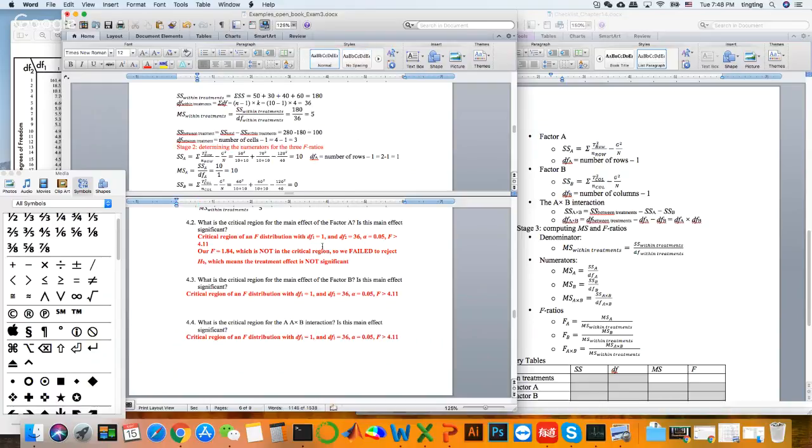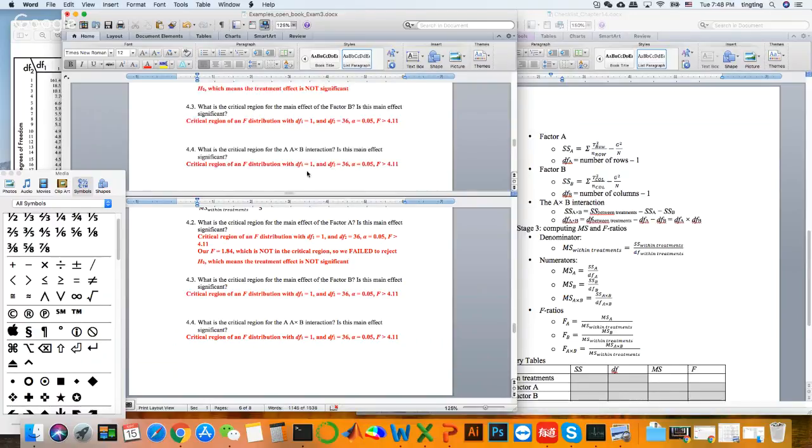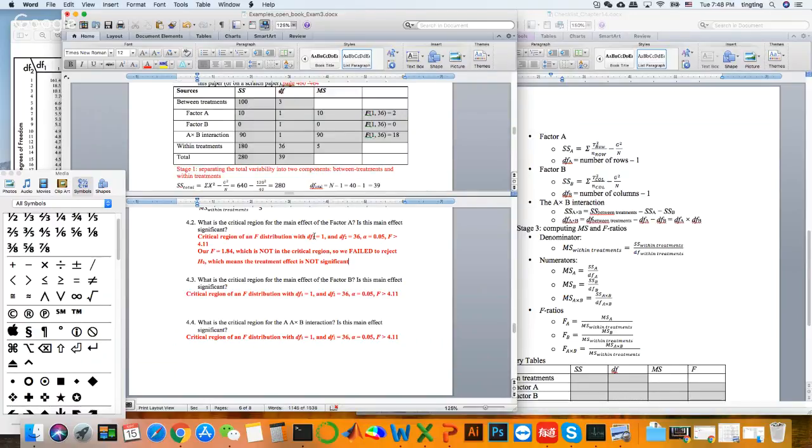You just tell me the critical region and tell me yes or no. F equals 2, which is not greater than 4.11. It's not in the critical region. We fail to reject. It means the main effect of A is not significant.